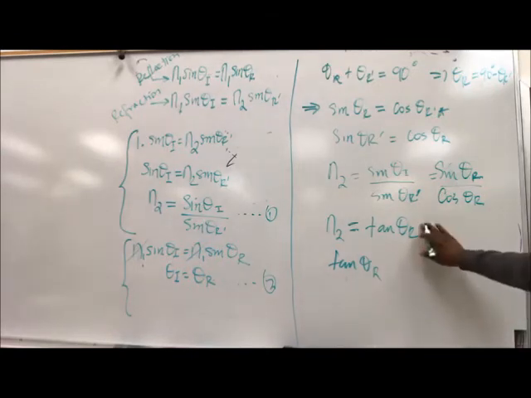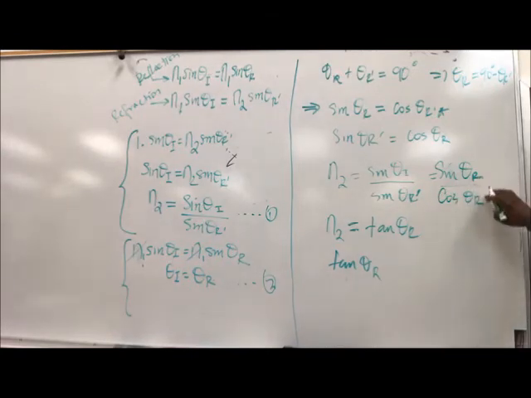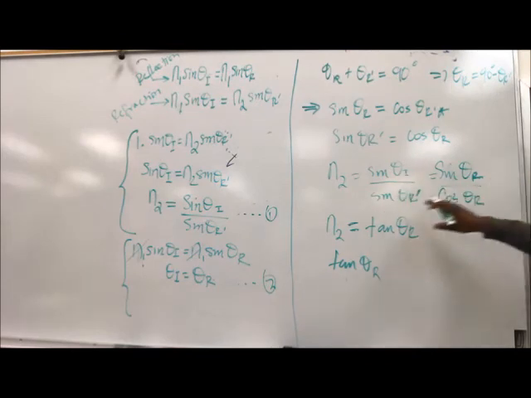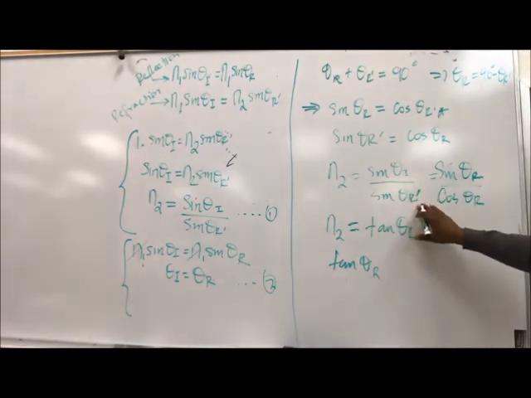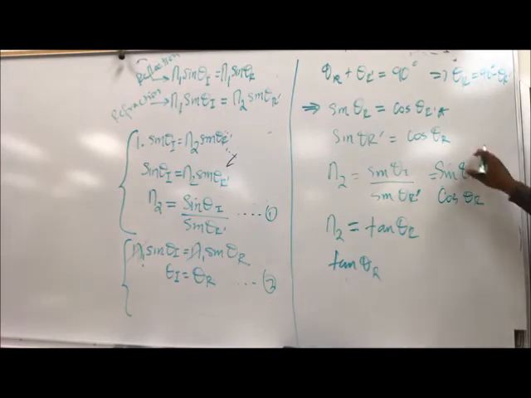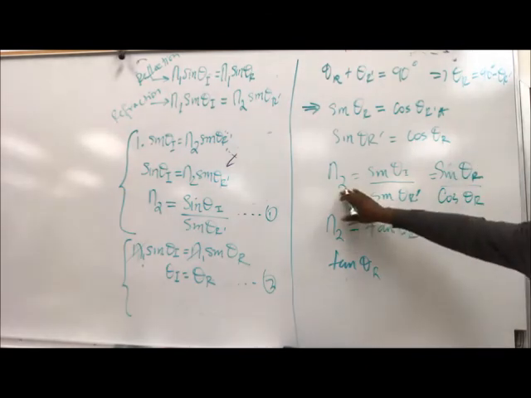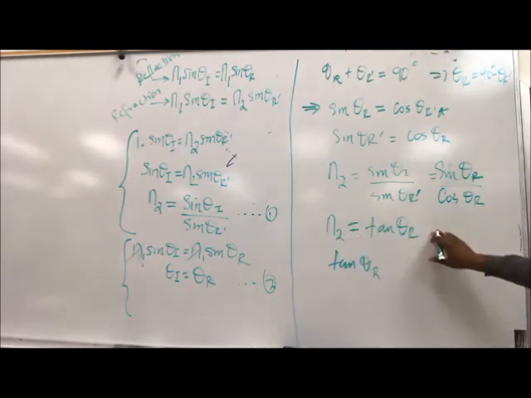I'm sorry, this shouldn't have a prime here. Remember, we're doing all with the angle of reflection here. So sine of theta I became sine of theta r. Sine of angle of incident became sine of angle of reflection. Sine of angle of refraction became the cosine of the angle of reflection because of this relationship here. And because sine over cosine is tangent, my N2 becomes tangent of angle of reflection.